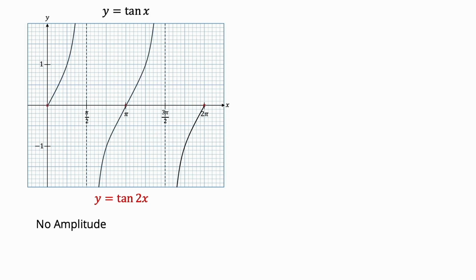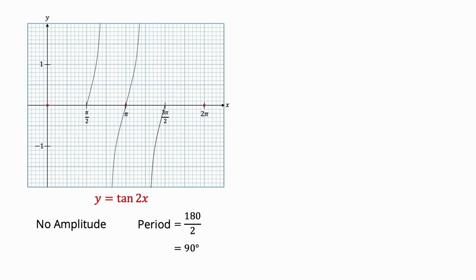Tangent has no amplitude because its curve tends to infinity. The period of tangent 2x equals 180 divided by 2, that is 90 degrees. Tangent 2x completes one cycle in 90 degrees. Let's see how tangent compresses and forms a graph of tangent 2x.